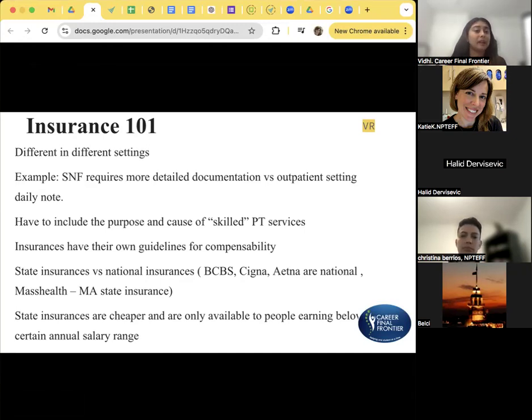For example, in terms of insurances, some insurances and some settings need more detailed documentation versus others. There is documentation where you collaborate with other providers also. Say you're in an acute care setting or a skilled nursing facility, your assessment or documentation about a patient should ideally match, or be collaborative with, the documentation of a speech therapist or an occupational therapist that just came before you and evaluated the same patient, right?